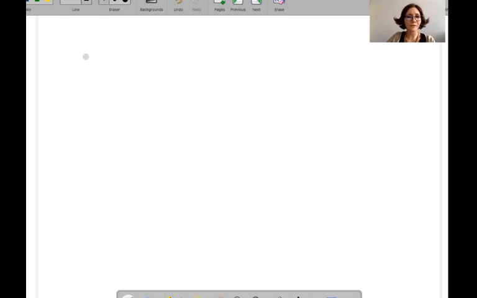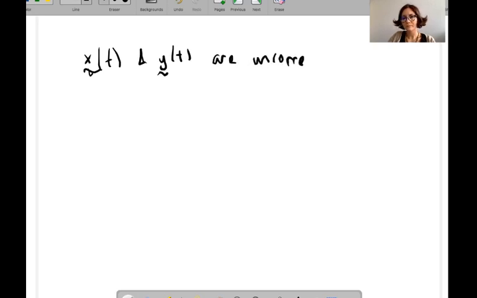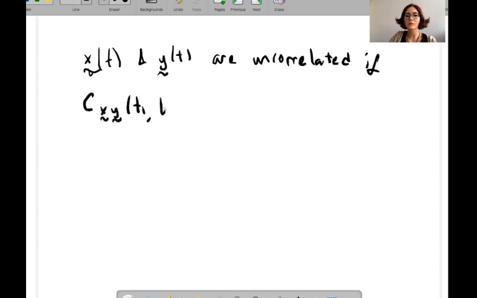So again, we say that x of t and y of t are uncorrelated if their cross-covariance function is identically equal to 0. That is, Cxy(t1, t2) should be equal to 0 for all t1 and t2.